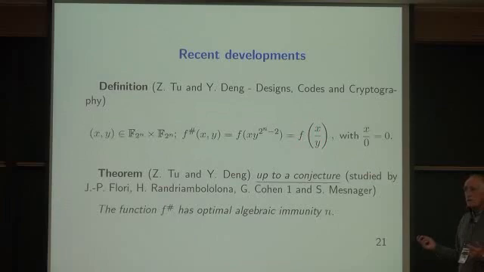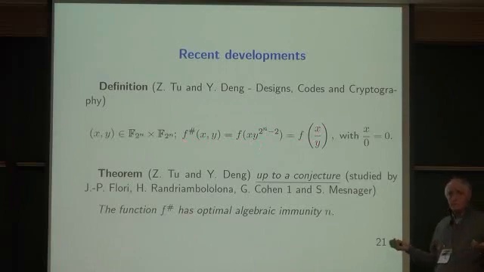Division in the field. Of course, you cannot divide if y is 0, but in the field, dividing by y is in fact multiplying by y to the 2 to the n minus 2. So if y is 0, the output of x over y will be 0. Okay? So we have this convention.